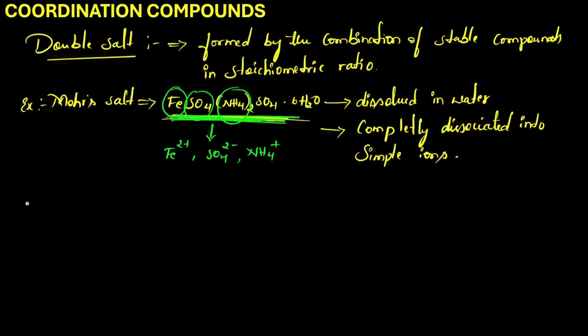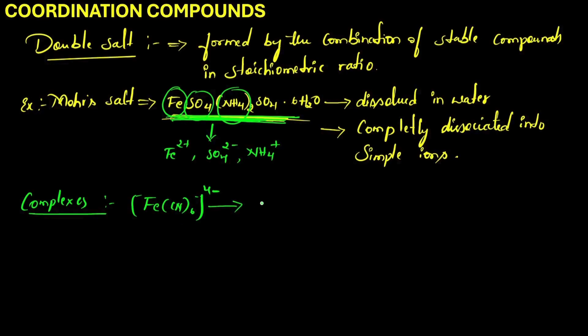Now we will take complexes. We will take an example, that is [Fe(CN)6]4-. So here when this complex is dissolved in water, what happens?